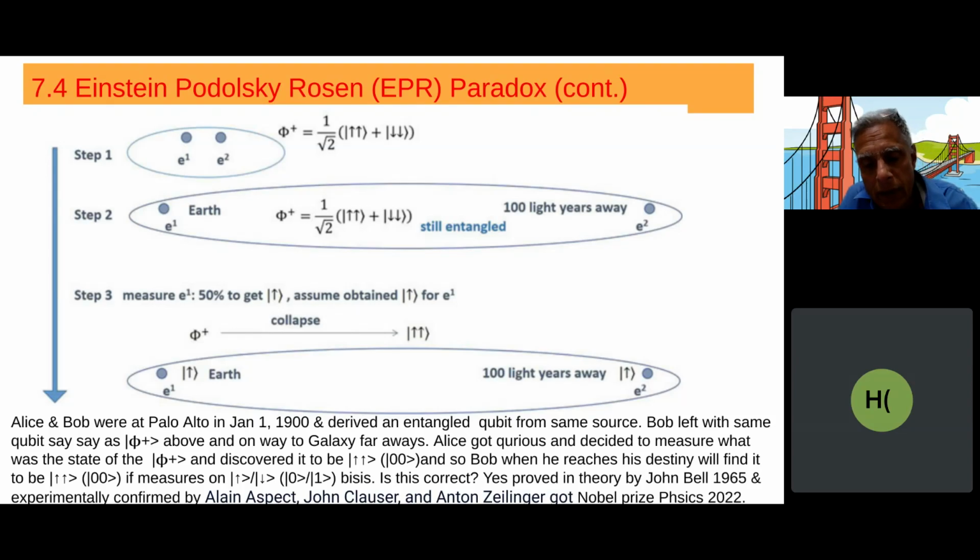They said that if there is a local hidden variable at Palo Alto where Alice and Bob met, that hidden variable must have traveled along with Bob's entangled phi plus. That's why when he measures, it will give 00. They called it spooky action at a distance.